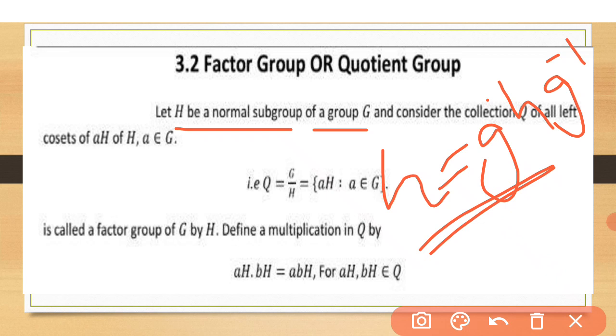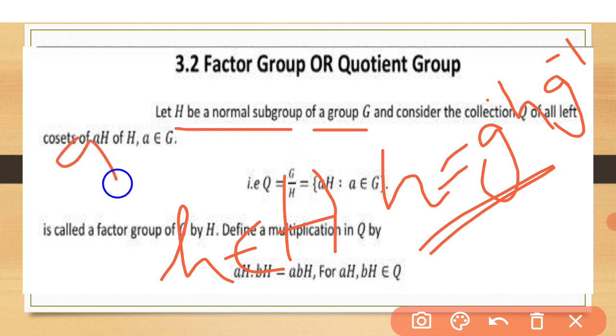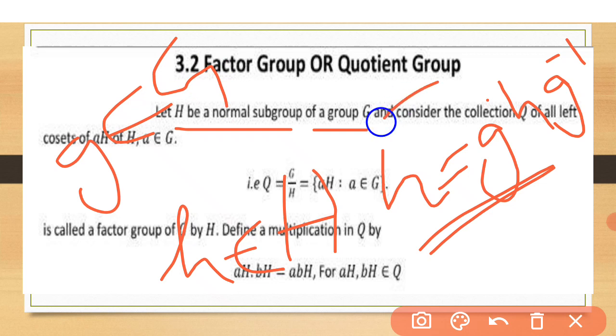This is the definition of a normal subgroup, where this small h belongs to H, which is a subgroup of G, and this g belongs to capital G. This G is also a group and this H is a subset or subgroup of G. So this condition tells us that it is a normal subgroup. You can write it like this.